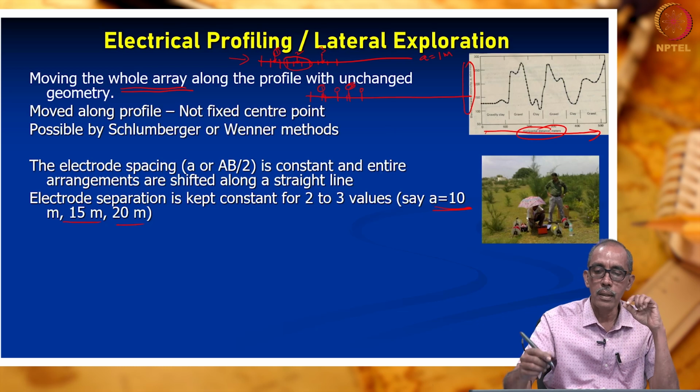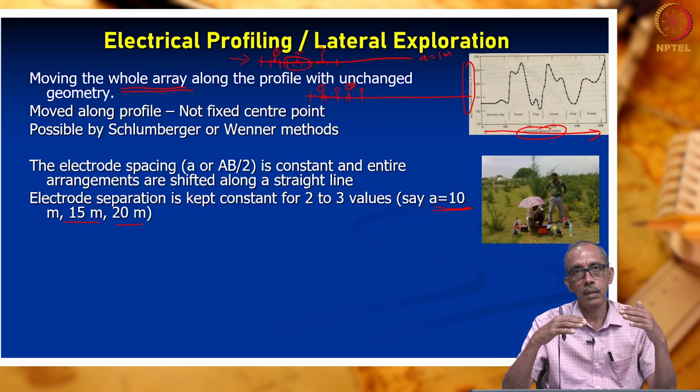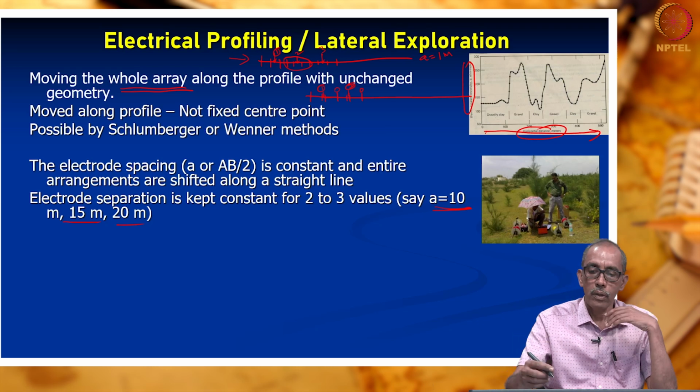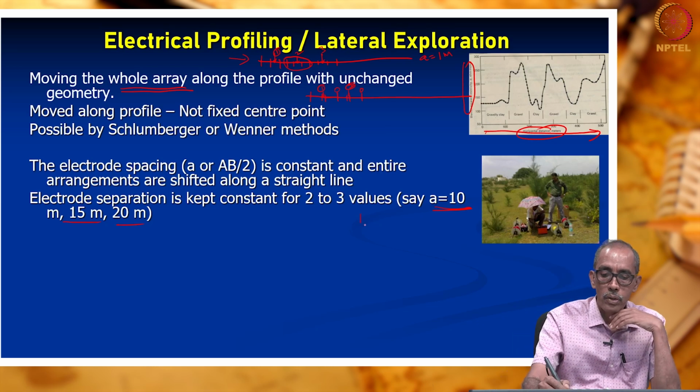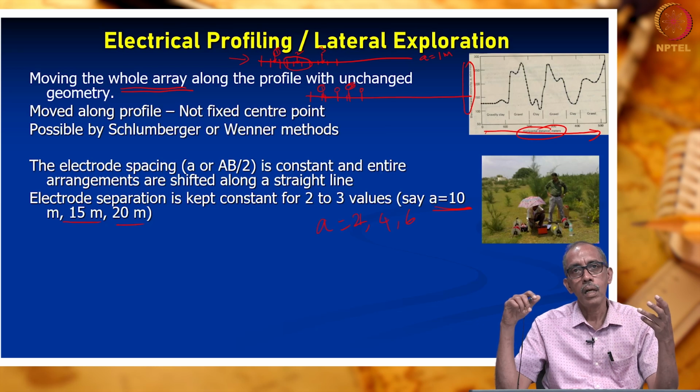So, we may be interested to know the lithological variation up to 5 or 6 meters, because you can't restrict only to 5 meters, a little bit more. So, A can be at 2 meters, 4 meters, 6 meters. So, it all depends on what is the question you need to answer.